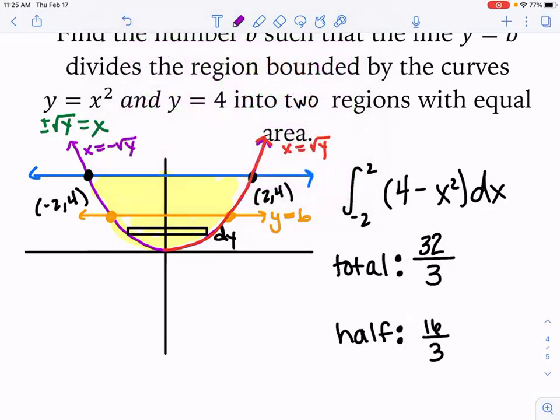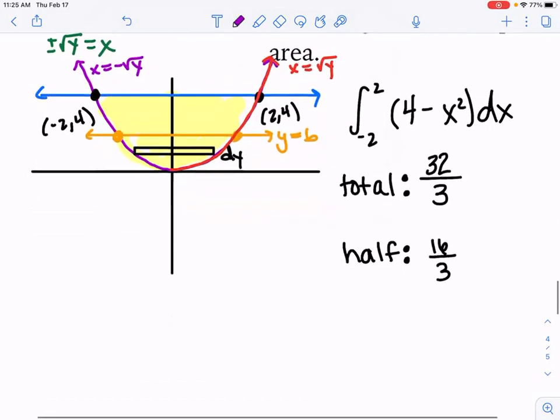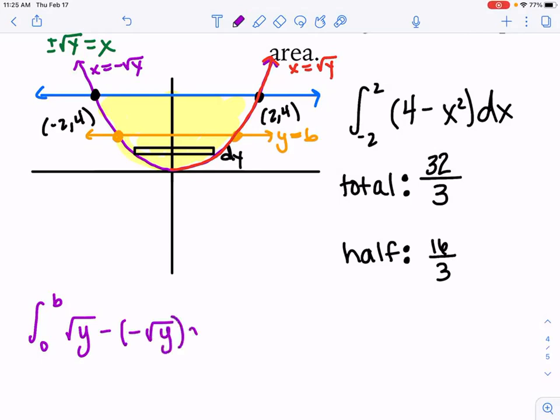Okay, we would actually have to split that into 2 different equations, but that's fine. So now what we can do is we can say, well, our limits of integration would be from 0 to b, right? We're stopping at y equals b. Our right function, radical y, minus our left function, negative radical y, equals 16 thirds.